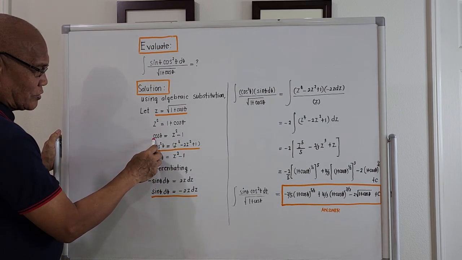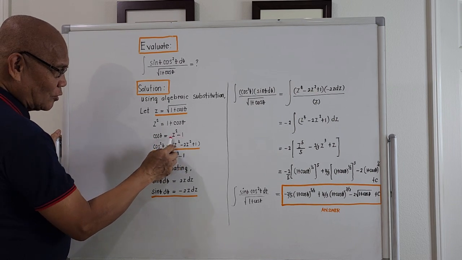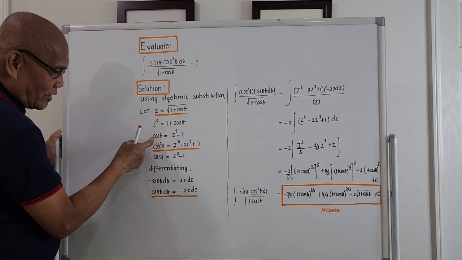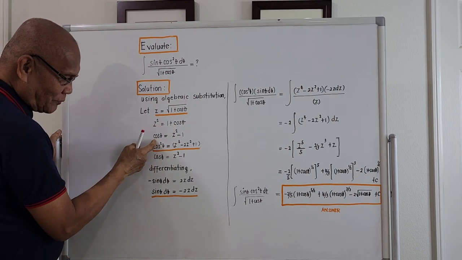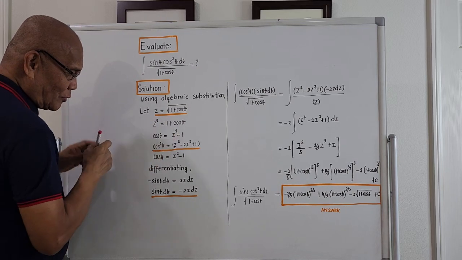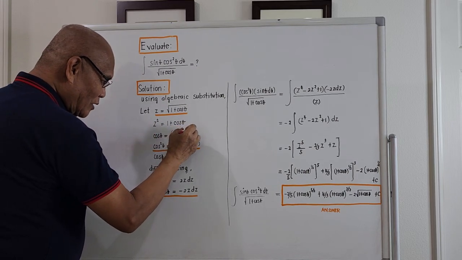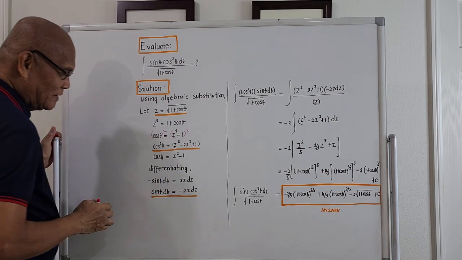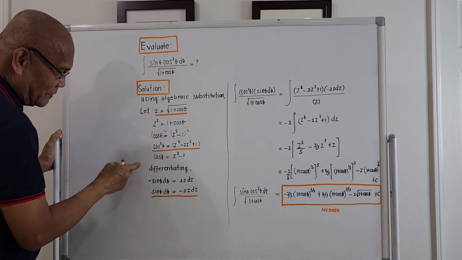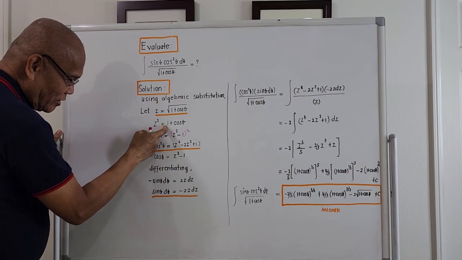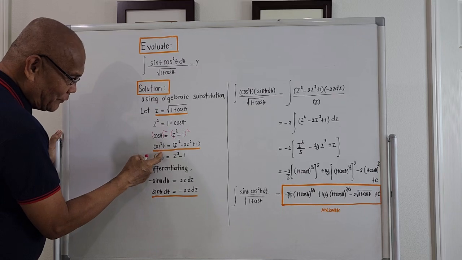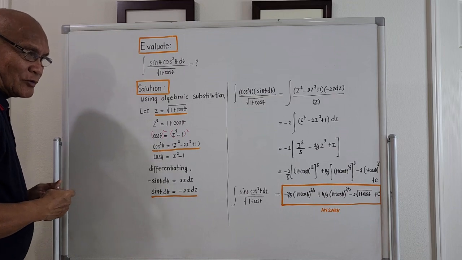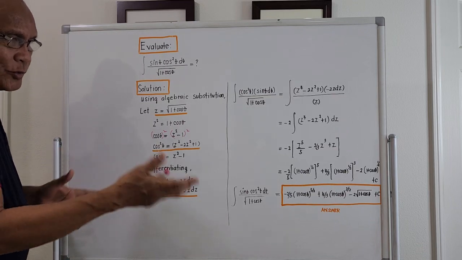So we are now given cosine of theta as an algebraic function. Squaring both sides, the square of cosine of theta will be cosine square of theta, and the square of the right hand side will be z squared minus 1 to the second power. We are free to do that. It's actually a binomial, so we just square it.